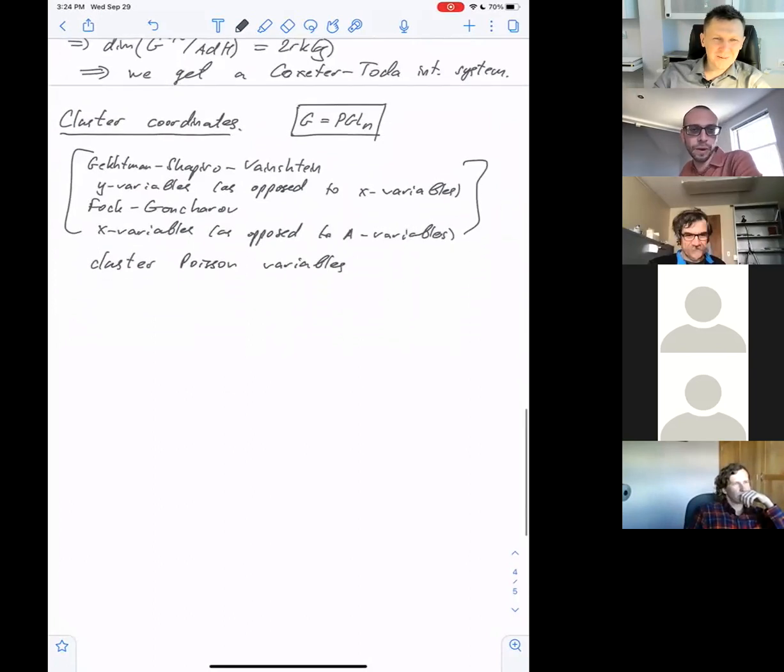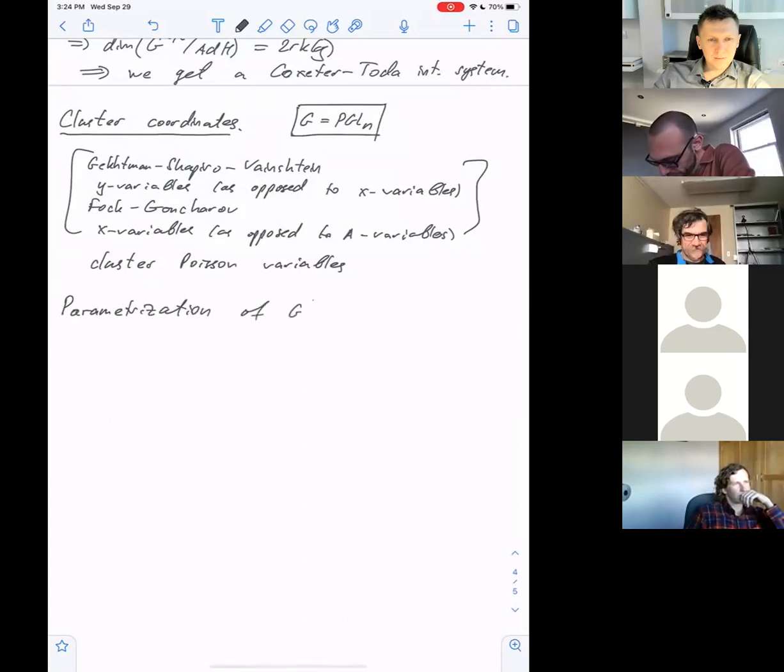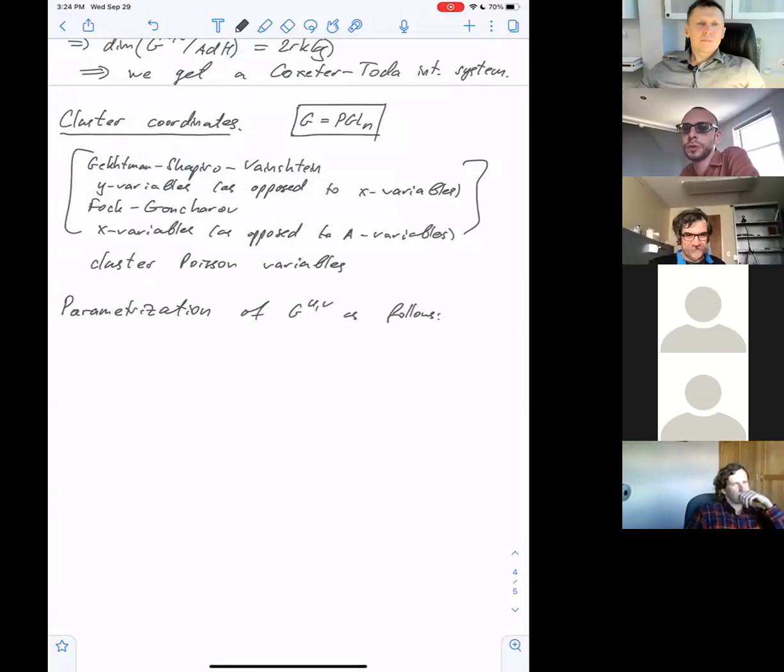Right, now I'll consider a parametrization of double Bruhat cells, and this parametrization will explain exactly which elements are invertible and which are not. So, a parametrization of G^{u,v} as follows. To parameterize that, I need to choose how to write the words u and v in terms of elementary transpositions.